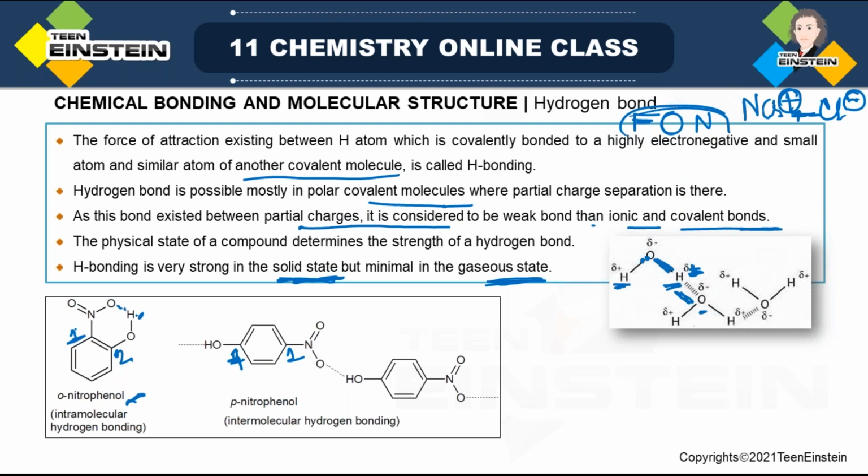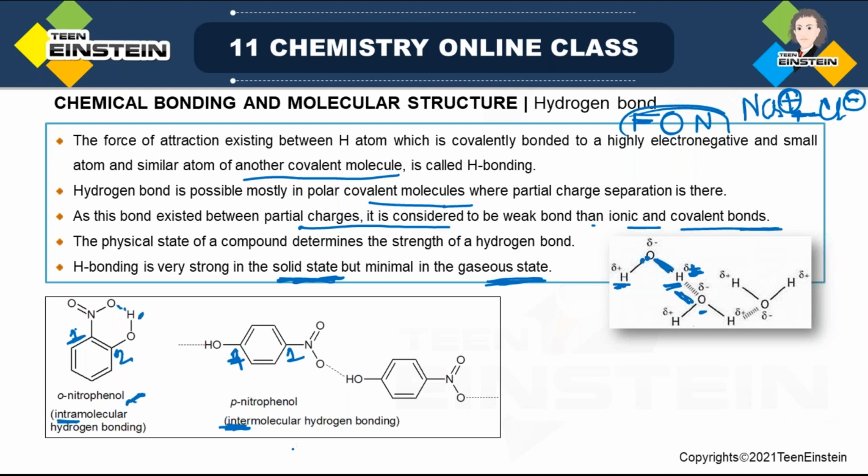So this type of hydrogen bonding we call intra. Look at the spelling, INTRA. And when it is present between two individual molecules, that is the second picture, the term is inter, INTER. So intra means within the same molecule, inter means at least two molecules must be there.